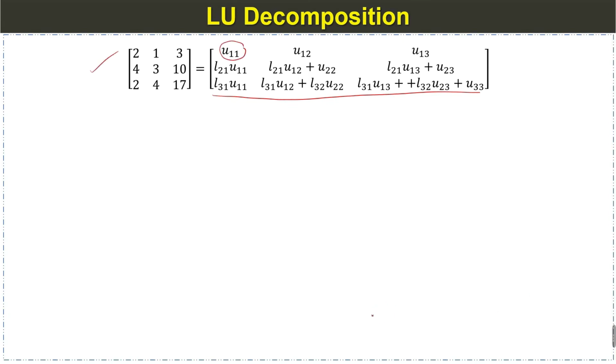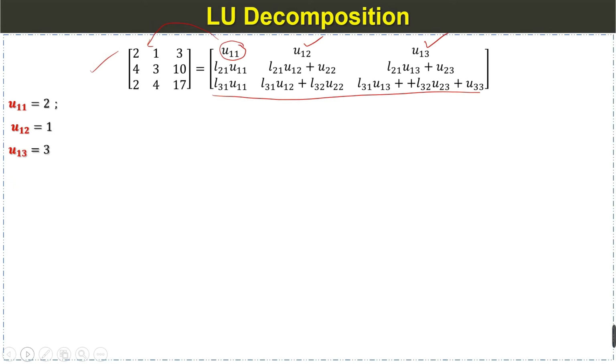Now we compare this entry of the LU matrix with the first entry of the coefficient matrix, and similarly for U12 and U13. So we have the values of U11, U12, and U13.